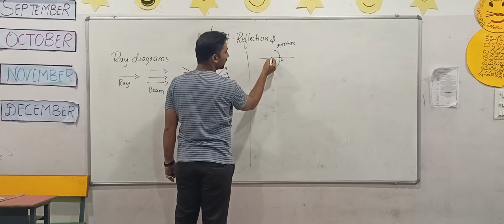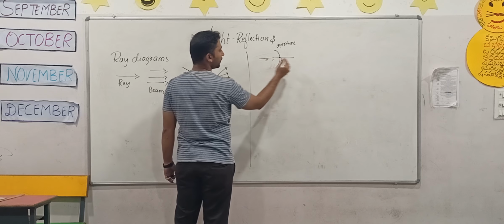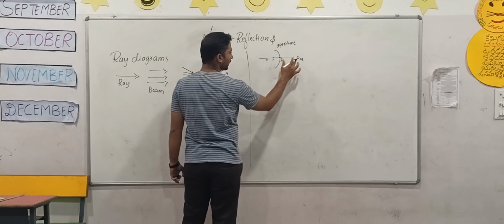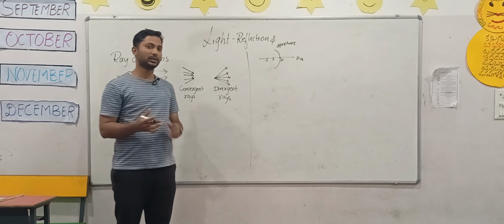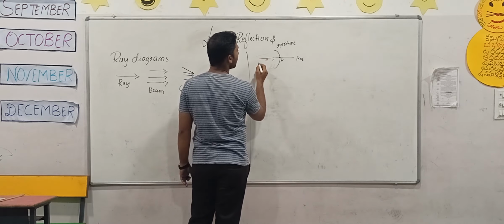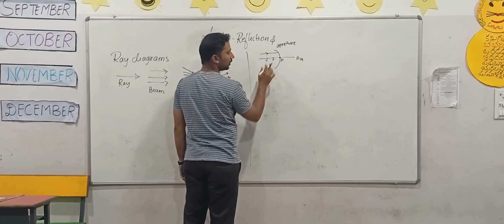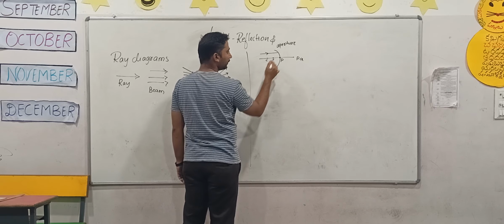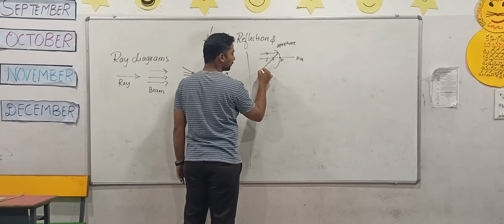The line passing through the center of curvature and the principal focus is called the principal axis, which is straight and never bends, whether in a convex or concave mirror or in a lens. If a parallel ray falls on a mirror from infinity, it reflects and passes through the principal focus.